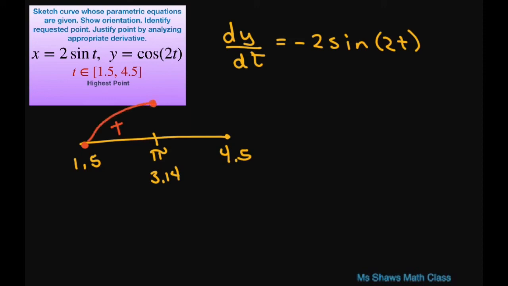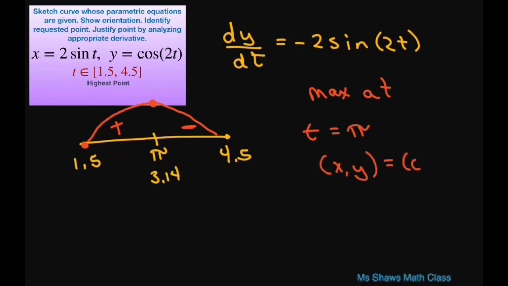At pi is the turning point, or the critical number. Then from pi to 4.5, it's decreasing. You get negative. So there's a relative maximum at t equals pi, where x comma y equals 0.1.